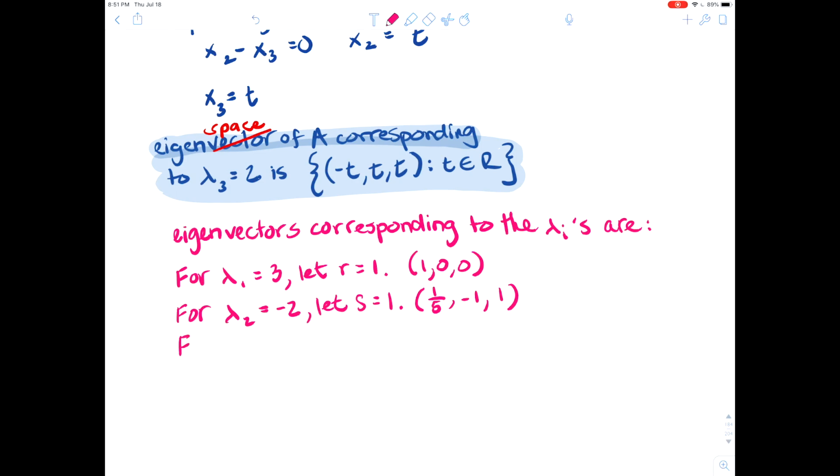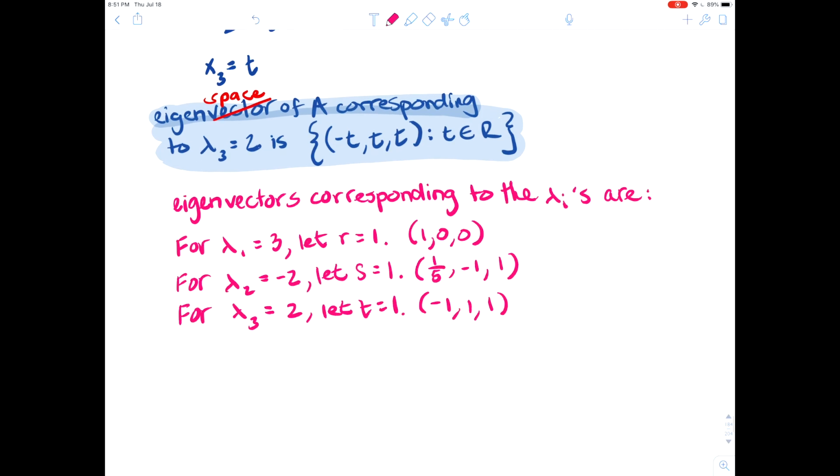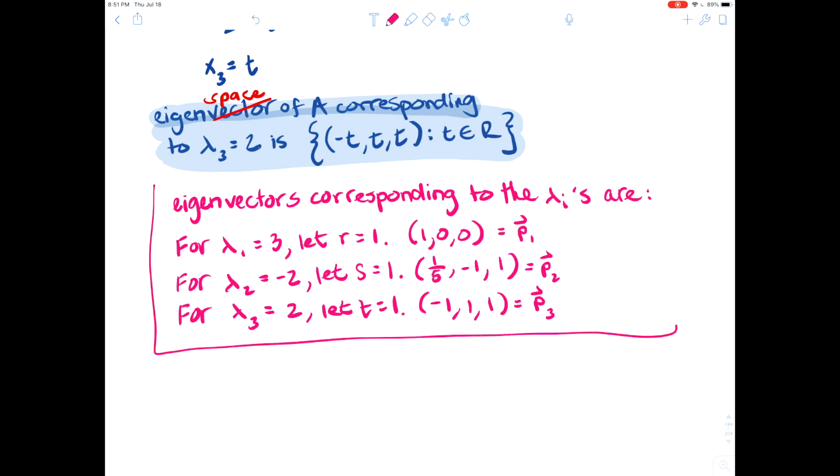And then for lambda 3 equal to positive 2, if we let t equal to 1, we would have, beautiful, negative 1, 1, and 1. And what you'll find out in the next section is this. We let these each equal to a P1, P2, and P3 column vector, and that's going to help us diagonalize a matrix. Groovy? Okay. So I'll box this part.